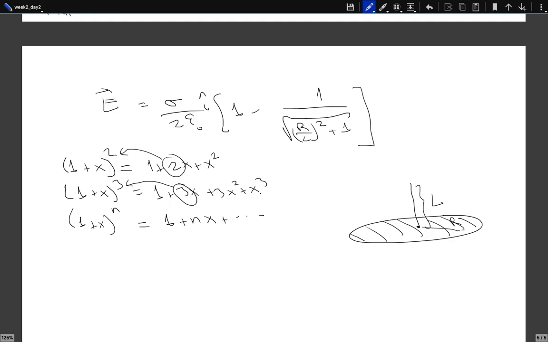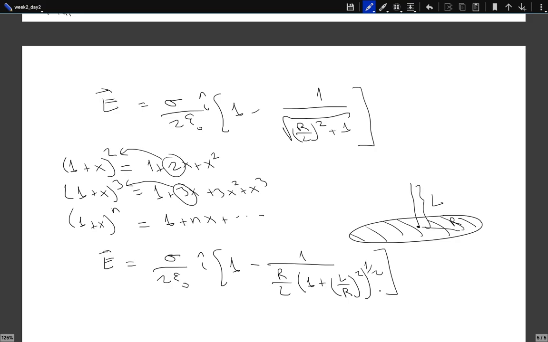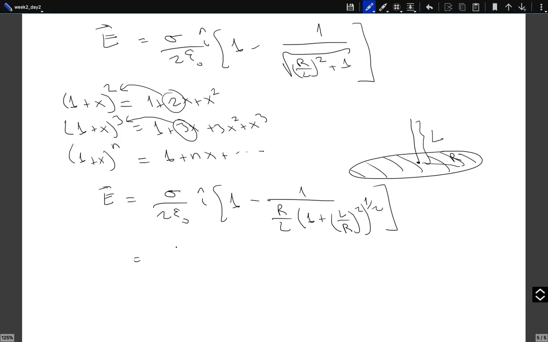If I have a very large disk, then R will be large and L will be small, so L over R will be small. Let me rewrite this: E is equal to sigma over 2 epsilon 0 times 1 minus L over R times (1 plus (L over R) squared) to the power minus 1/2.